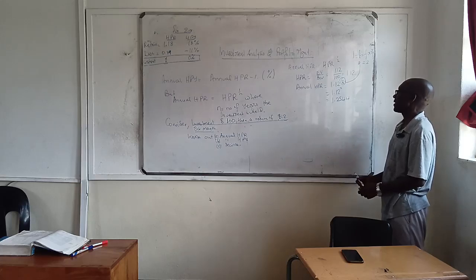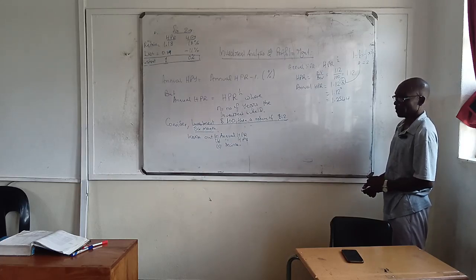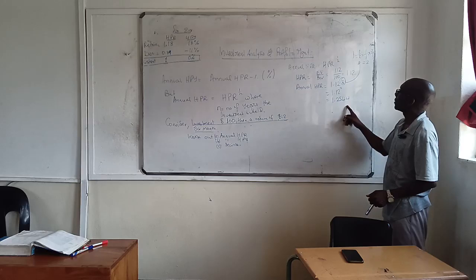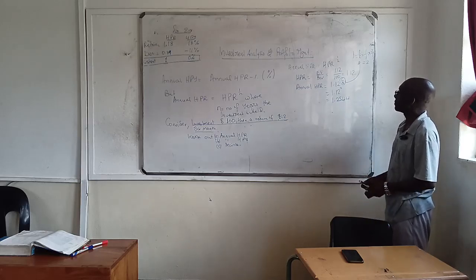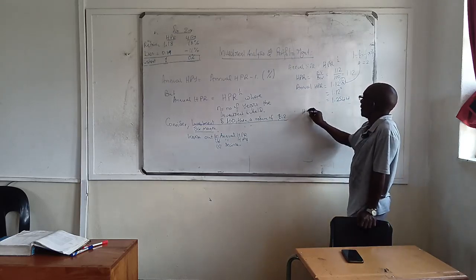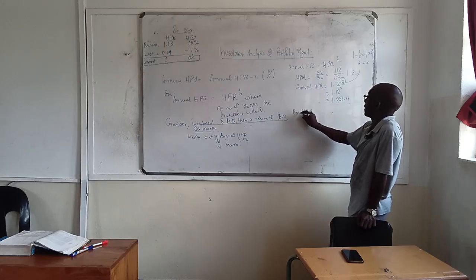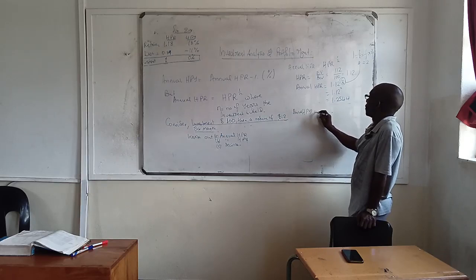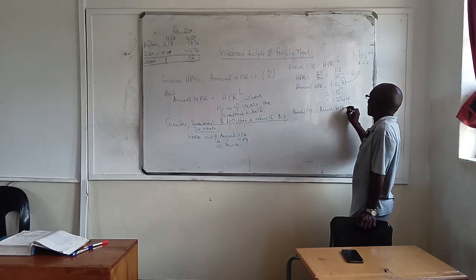All right, let's find the HPY, or annual HPY. Annual HPY is equal to annual HPR minus 1.